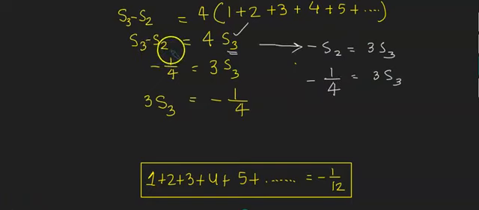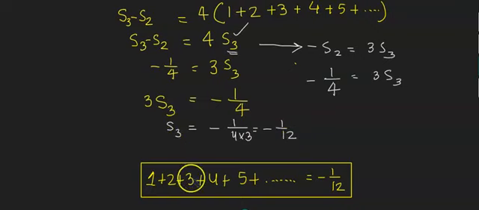We got S3 minus S2 equals 4S3, from where we can write minus S2 is equal to 3S3. Now S2 we already found to be 1 by 4. So we can write minus 1 by 4 equals 3S3. Dividing both sides by 3, we get S3 equals negative 1 by 4 times 3, that is negative 1 by 12.